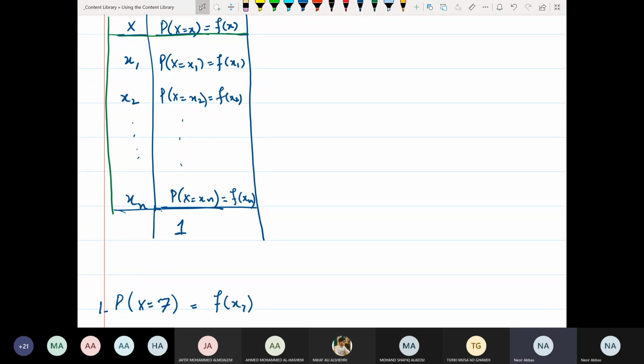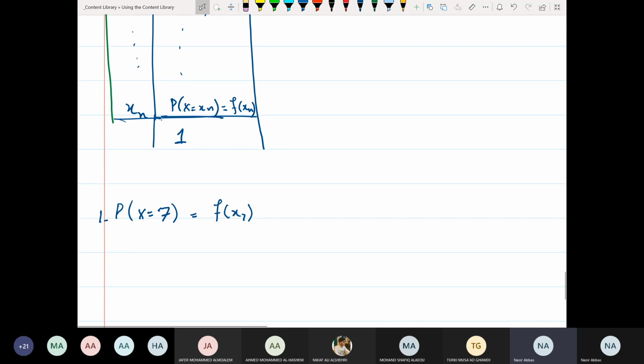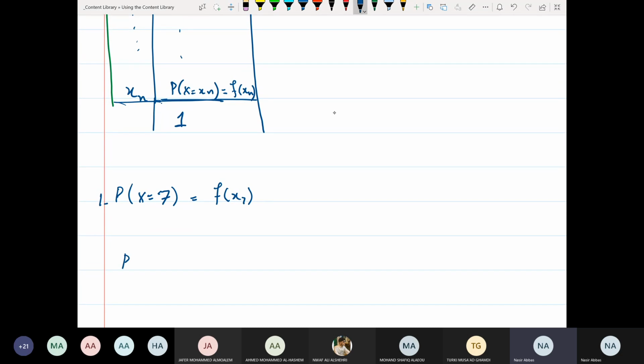Now the second use of this table is, what if I'm interested in probability of X less than equal to 7? Less than equal to 7 means all the probabilities will be added up to 7. So that will be f of x1 plus f of x2 all the way up to f of x7.